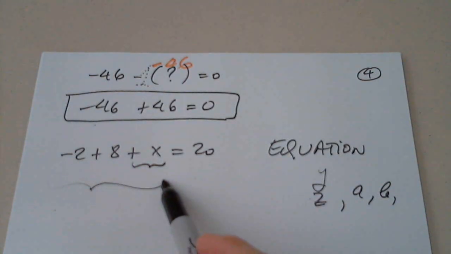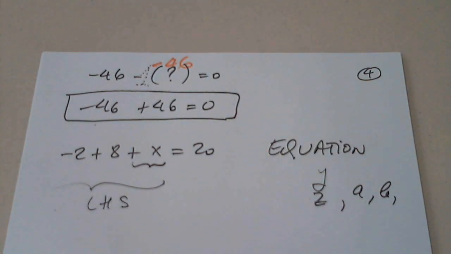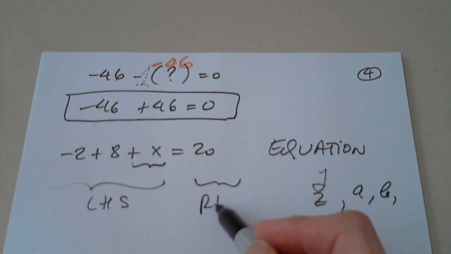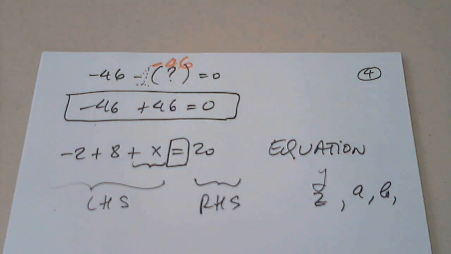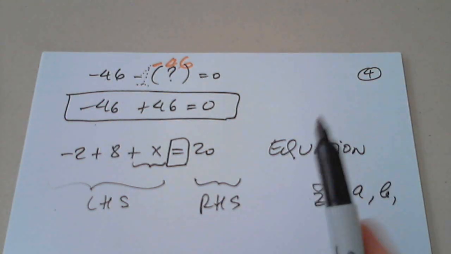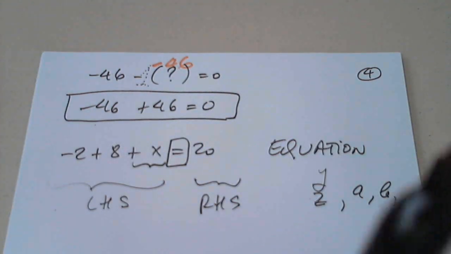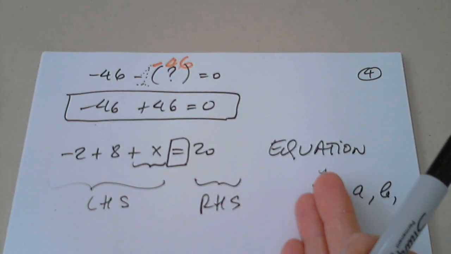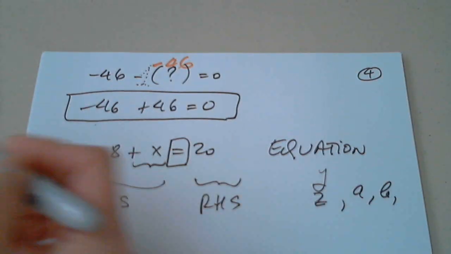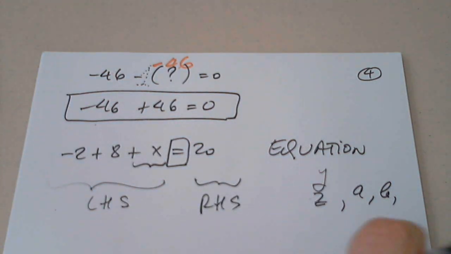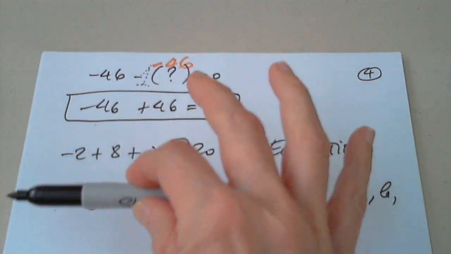So this is the left-hand side of the equation, and this is the right-hand side, and this is the equal symbol. An equation will always have one left-hand side, one right-hand side, and only one equal symbol. You cannot continue to the left or continue to the right. You have to write equations one below the other.